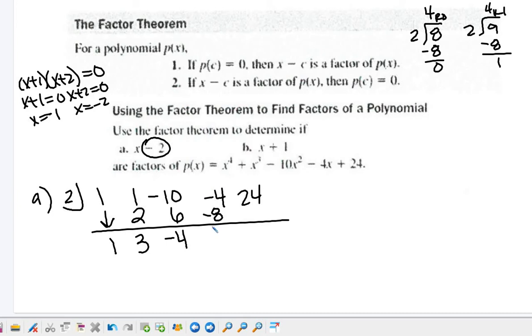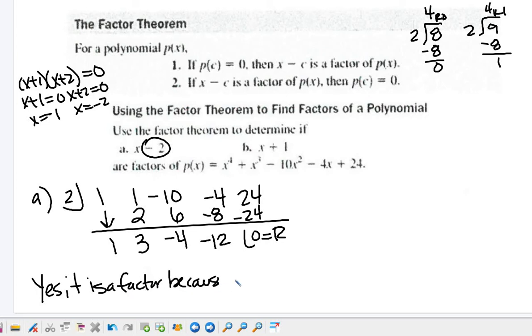Multiply. Add. Multiply. So I have a remainder of 0. So yes, x minus 2, we can just put yes, it is a factor because the remainder is equal to 0. Okay.